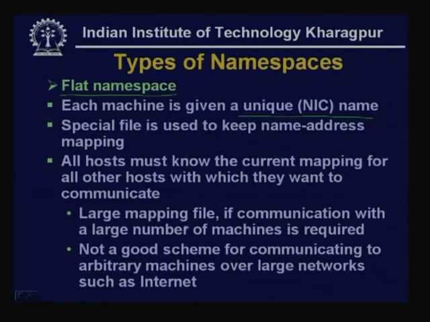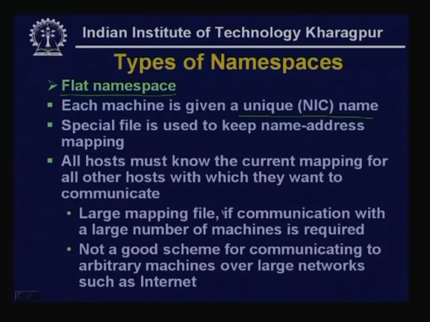So, this requires a large mapping file if communication with a large number of machines is required, particularly in the present day internet context. The number of people communicating with each other is very, very large. So, this will require a huge mapping file. So, it is not really a good thing for communicating to arbitrary machines over a large network such as the internet.